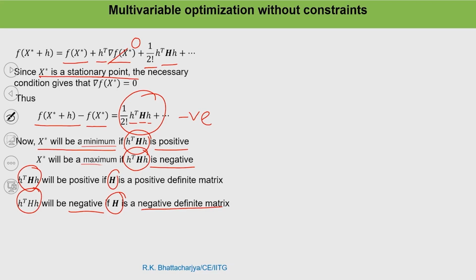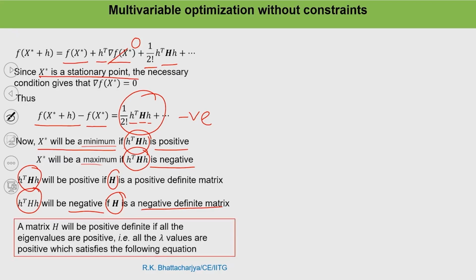If the Hessian matrix is positive definite, that will be a minimum point, and if the Hessian matrix is negative definite, that is a maximum point. If the Hessian matrix is neither positive nor negative definite, x star will be neither a maximum nor a minimum point. So, how can we check whether the Hessian matrix is positive definite or not?